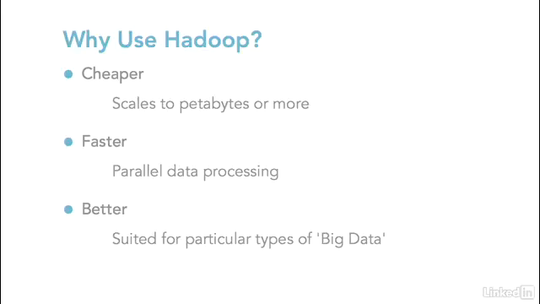But if you have those kinds of data situations or problems, the Hadoop ecosystem can be tremendously cheaper as it runs on commodity hardware and scales to petabyte size or more, and because it uses the MapReduce processing algorithm, which we're going to be looking at in quite some detail in this course, which allows for parallel data processing. And even though the processing is implemented in batch, it's implemented on each of the nodes, which can result in much faster overall processing of large amounts of data.